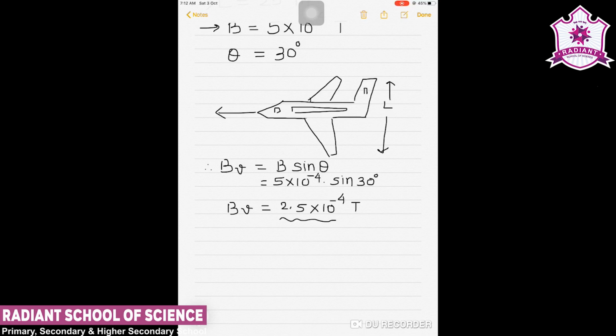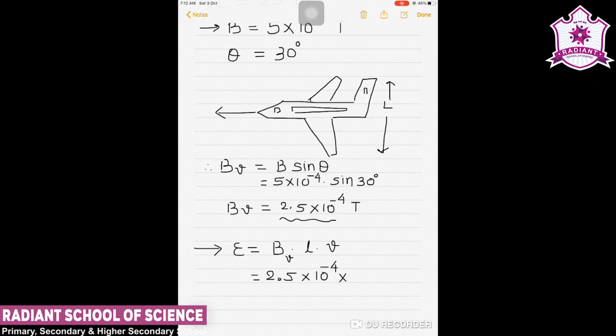Now we have to find out the EMF. The EMF is given by B vertical L V. So we will just apply the equation. B vertical is 2.5 into 10 raised to minus 4.